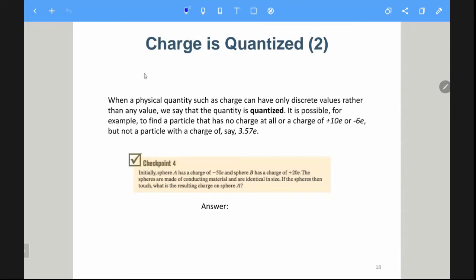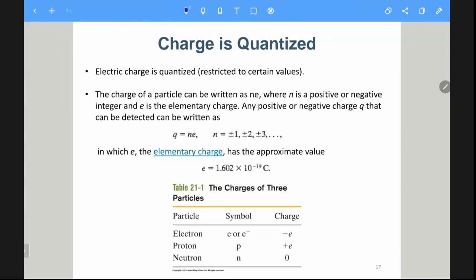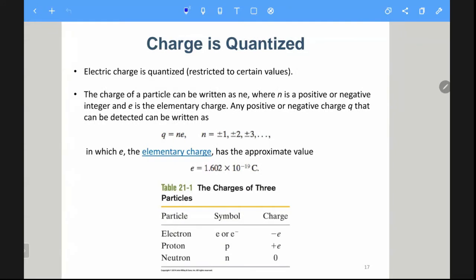Okay, so charge is quantized is nothing special, which means that you cannot break an electron into even smaller fundamental particles. Actually, the proton and neutron you can even break into smaller fundamental particles. I will show you just a few slides later.